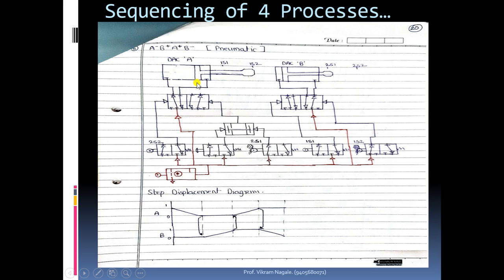But as there are two ports for the cylinder, we have to consider 4x2, 4x3, 5x2, 5x3. These many directional control valves can be connected with these cylinders. Now these are two double acting cylinders.